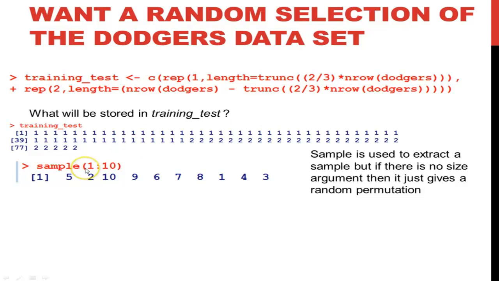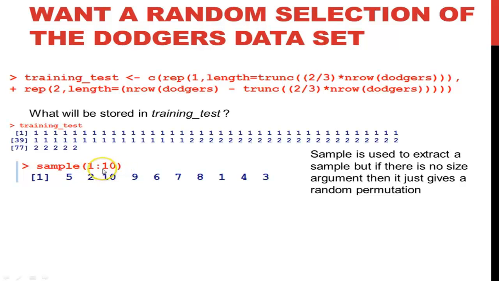Now, let's introduce another function called the sample function. If we sample 1:10, what is that? It's a vector, right? A vector of how many elements? 10 elements, from 1 to 10. If you do sample on a vector, usually sample will take 2 arguments.